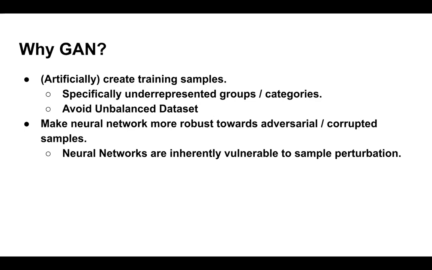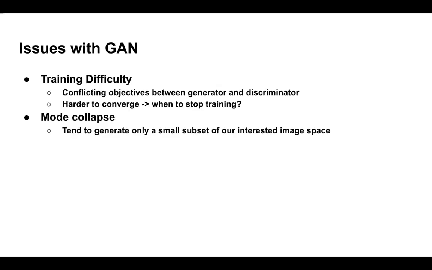What GAN does is that it will train you on discriminating these perturbations, and at the same time it will also train you on generating those perturbations. So this will help both parties to improve themselves in a faster way.